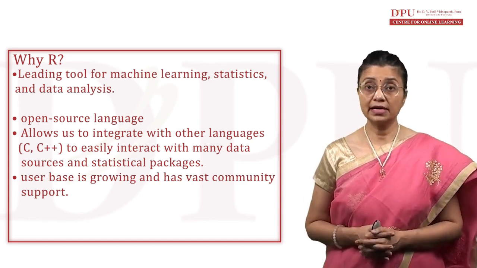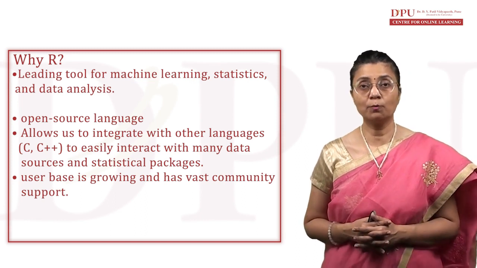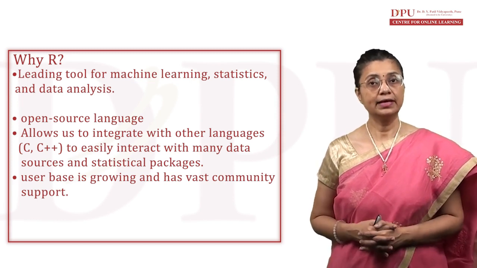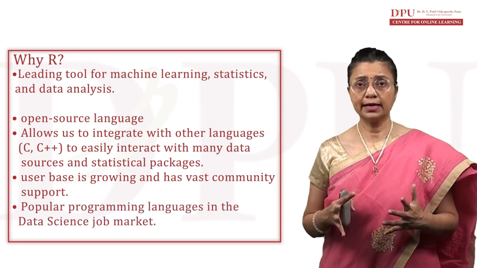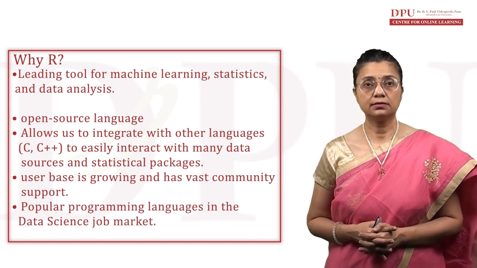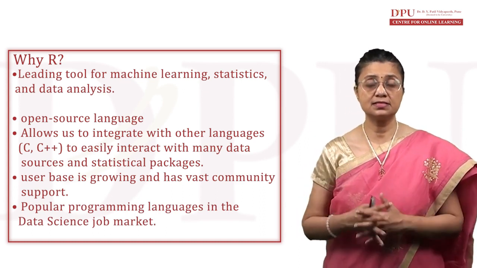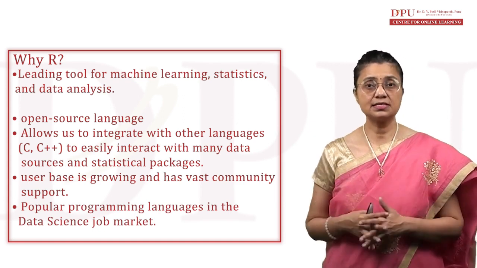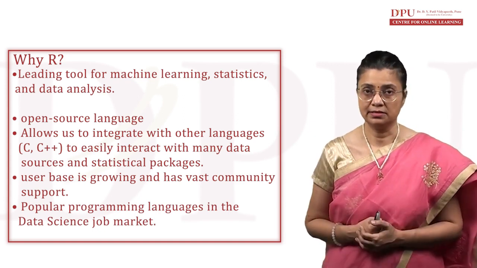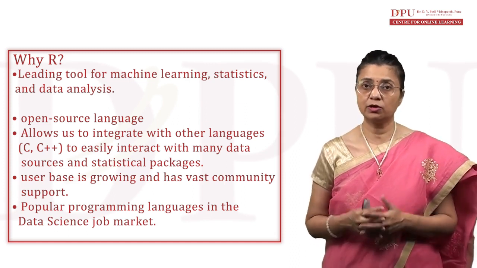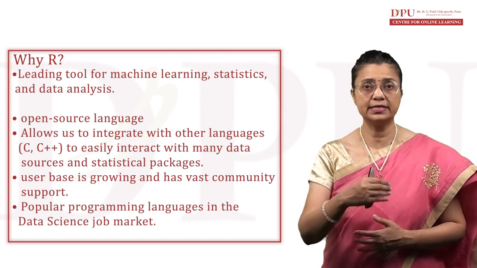So that is why it has become immensely popular amongst the youth for data science and for data analytics. Another reason why R has become such a popular programming language is the data science job market, and in data science we are dealing mainly with data, and most of the time that data is available in Excel, because every person is trying to store their data in Excel.